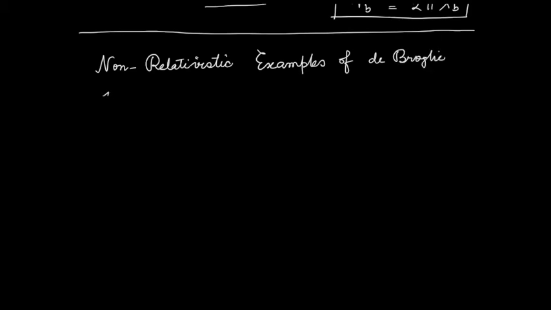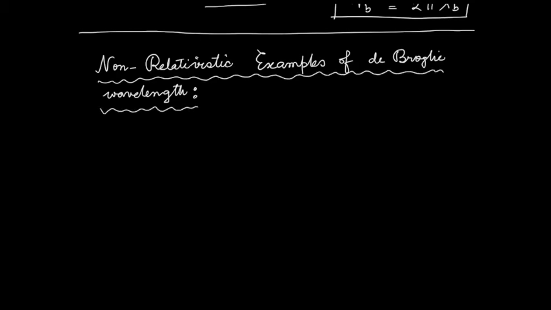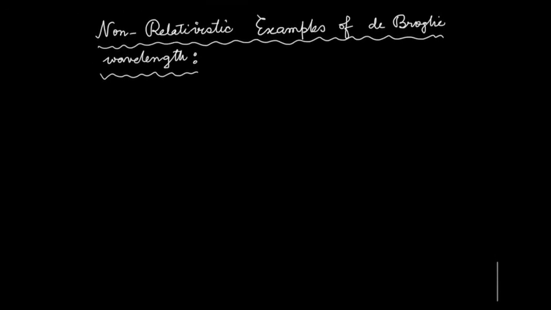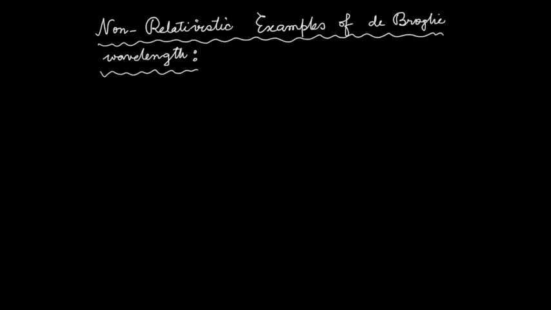Remember, we are talking about a wave with a wavelength and a frequency. We have not talked at all about what the wave is of. Like sound waves are pressure waves, electromagnetic waves are waves of electric and magnetic fields. We don't know yet, and de Broglie also did not talk about what the wave is of. That we'll come back to later in the course.